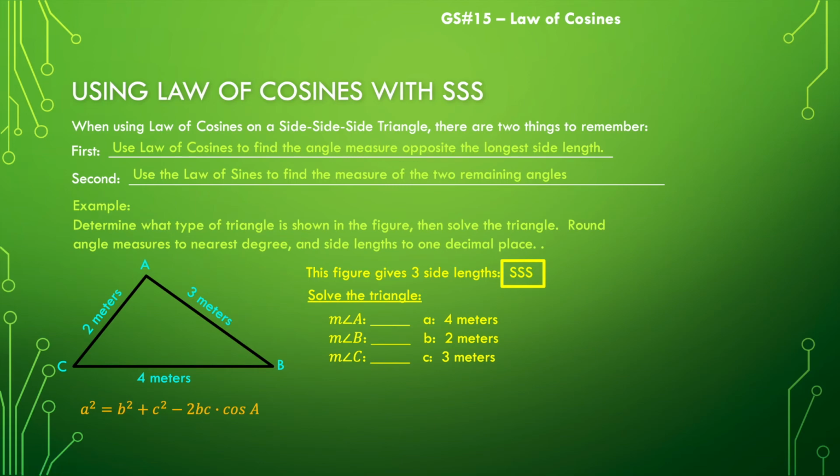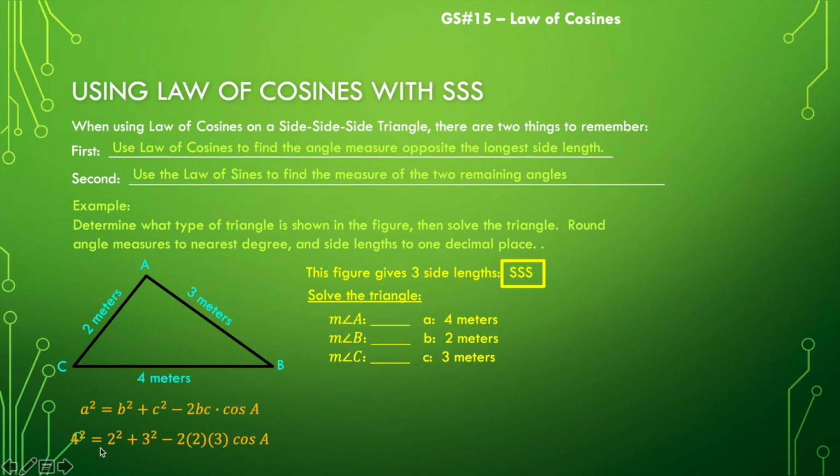In this case, it's going to look a little bit different than with SAS. We're going to sub in our side lengths everywhere we see a, b, c, and we are going to end up solving for cosine of A. Now, in order to do this, we are going to need to isolate the cosine of A, and so that means pushing this 2 squared over to the left, pushing this 3 squared over to the left.